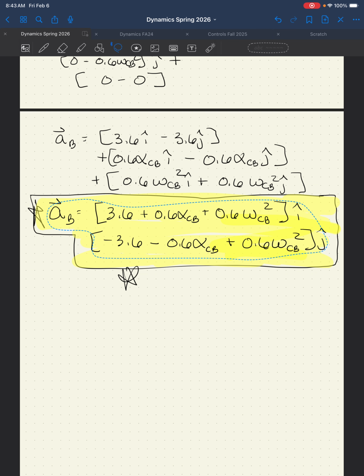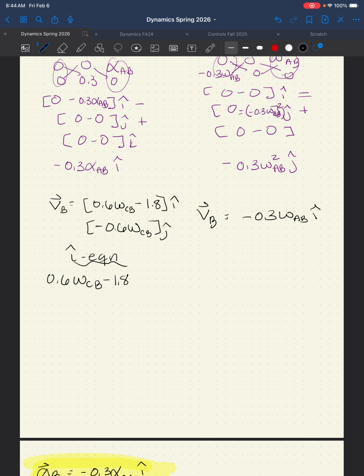And now, I'm going to set the I components equal to each other and then the J components equal to each other. So my I equation will be 0.6 omega CB minus 1.8 equals minus 0.3 omega AB. And then my J equation is just minus 0.6 omega CB equals 0.